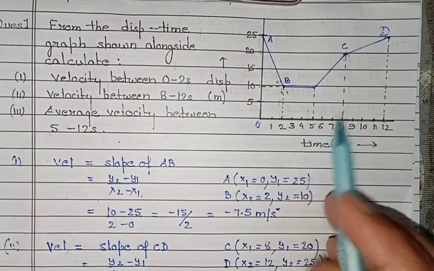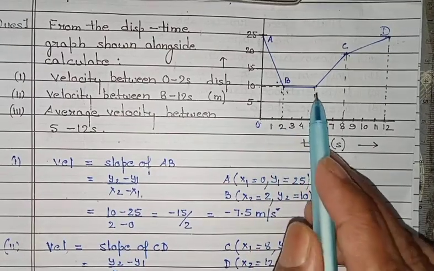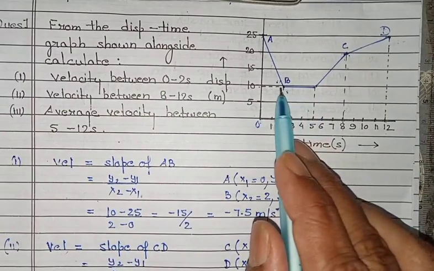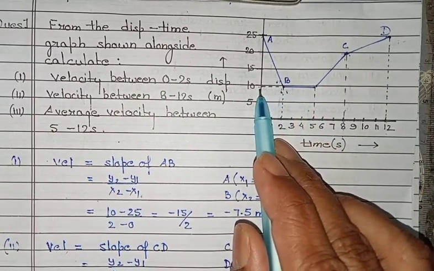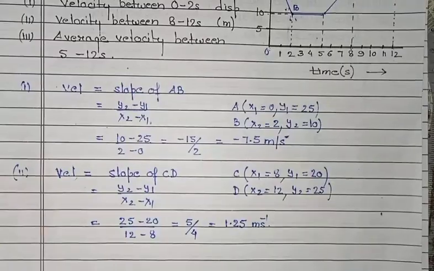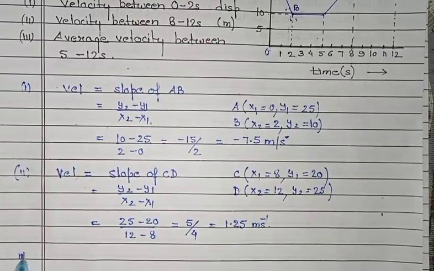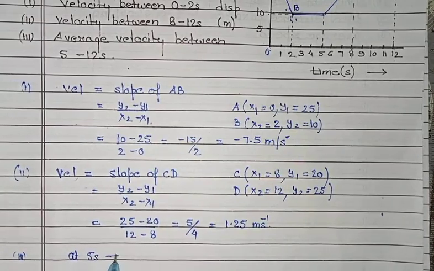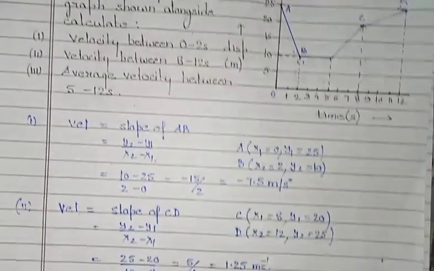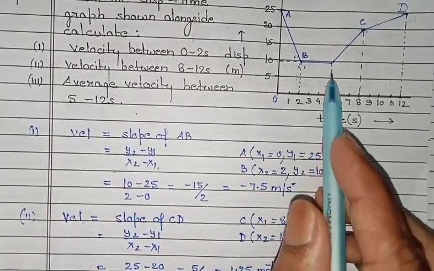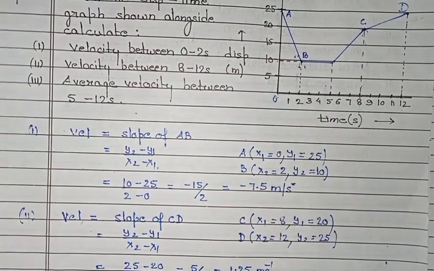When time is 5, you can see from the sketch that displacement is 10.